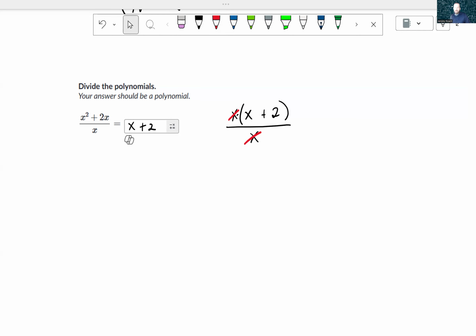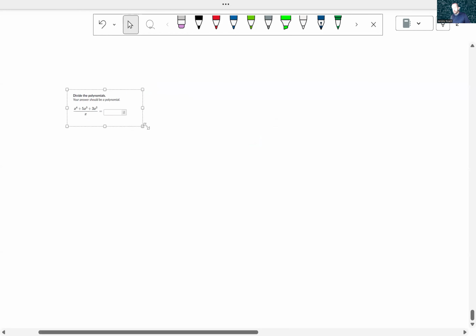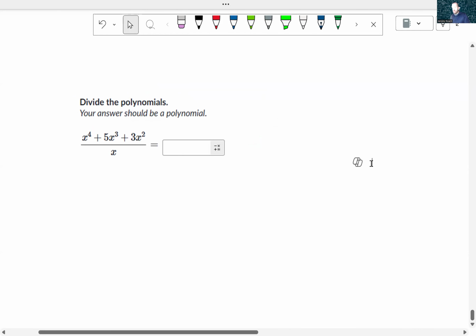So let's go to the next one. Put the answer in and we can see the next one. This next one has an additional term on it, but the same basic idea. We're going to factor out the greatest common factor.